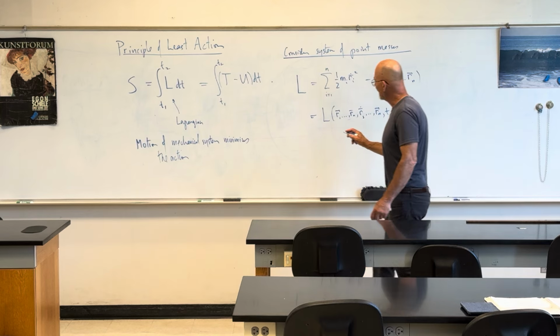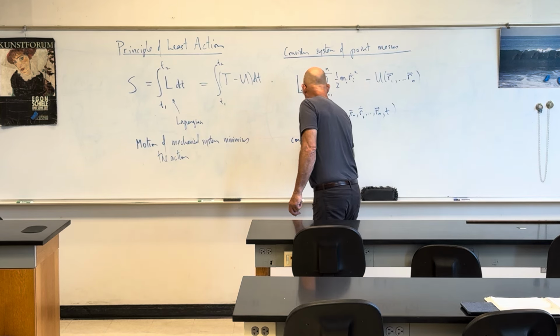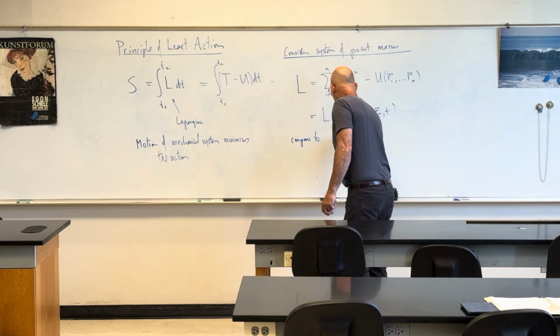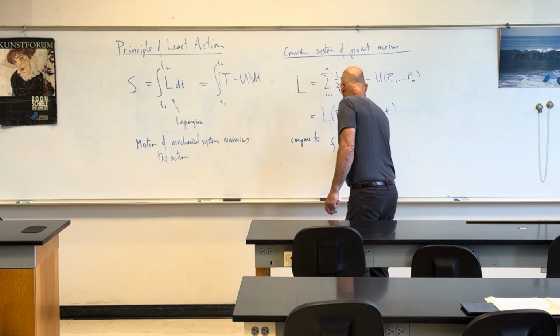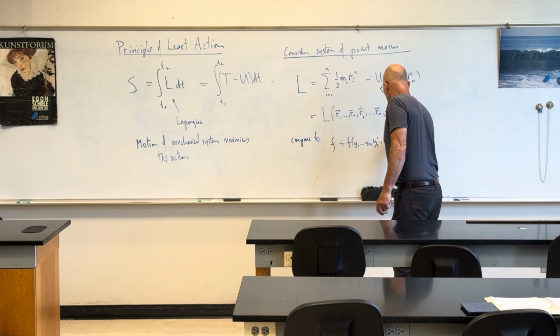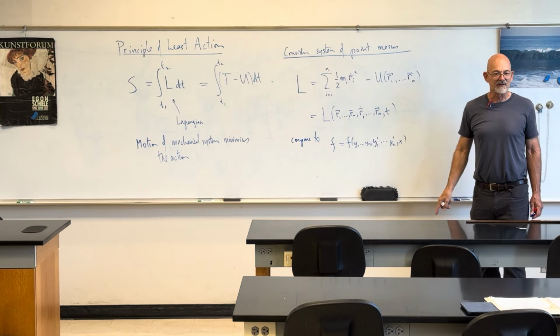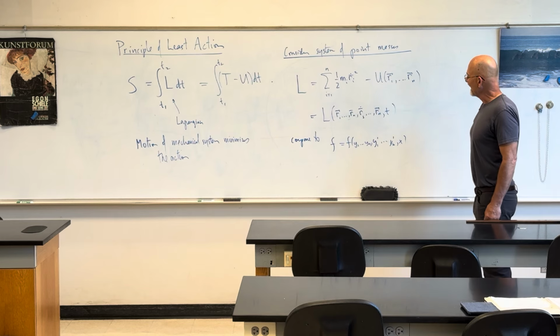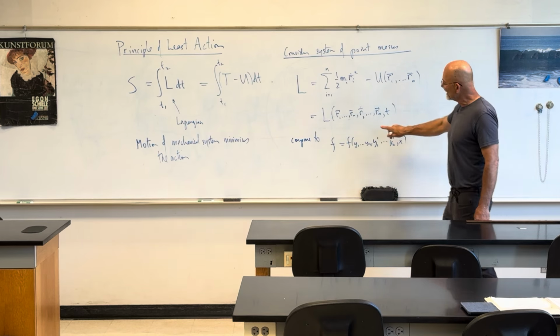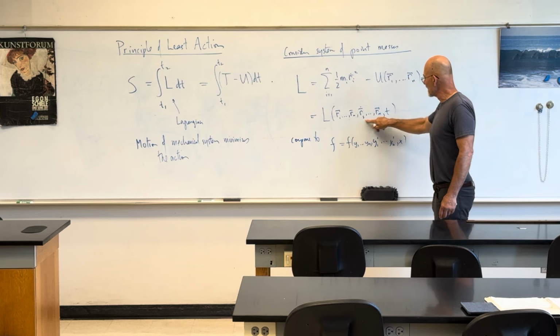So we're going to compare this to f equals f of y sub 1 to y sub n, y sub 1 prime to y sub n prime, and x. This is the thing we did the variational calculation on. Just by relabeling, we see that this is coordinates, velocities, and time.